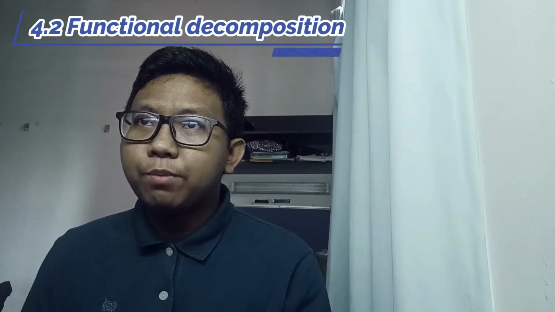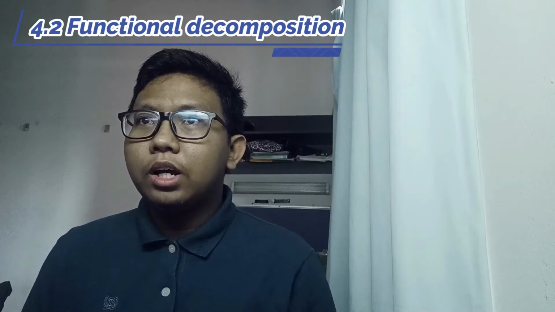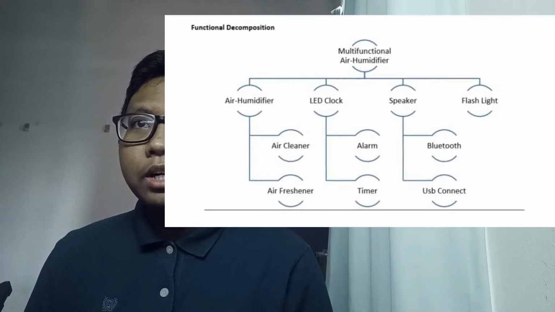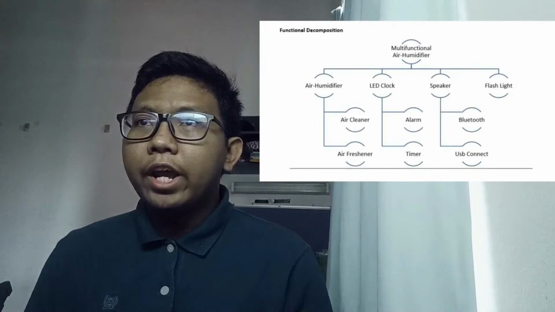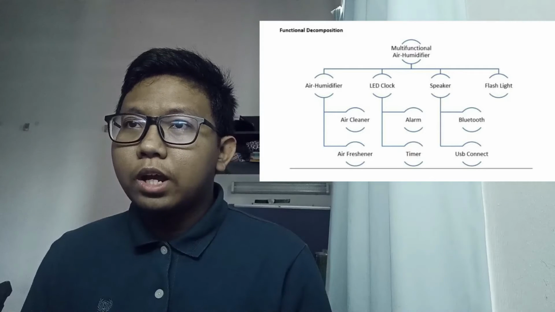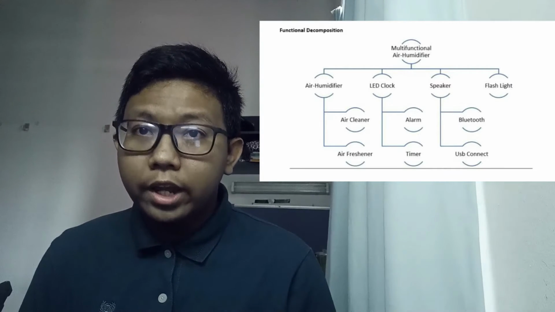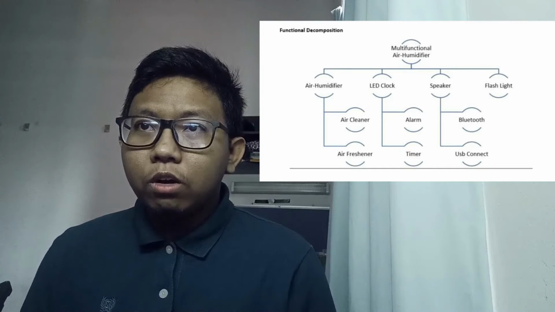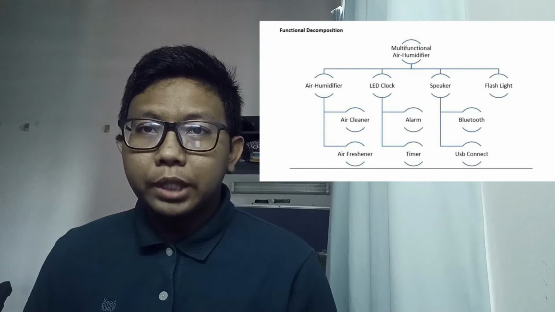Now, I will talk about the functional decomposition of this product. This multifunctional air humidifier consists of 4 functions, which are air humidifier, LED clock, speaker, and flashlight. The air humidifier consists of 2 systems, which are air cleaner and also air freshener. The LED clock also has 2 systems, alarm system and timer system.